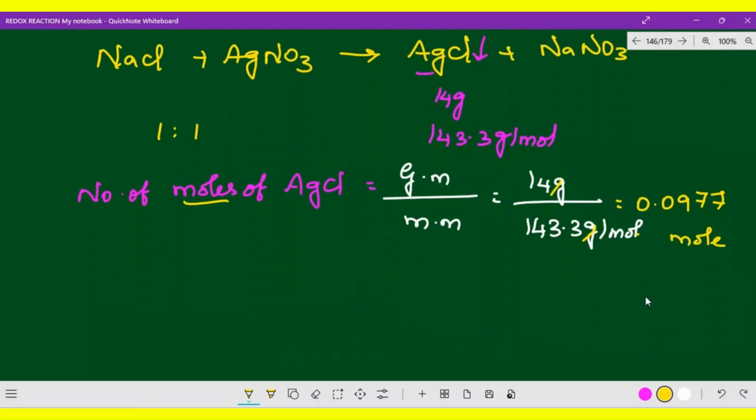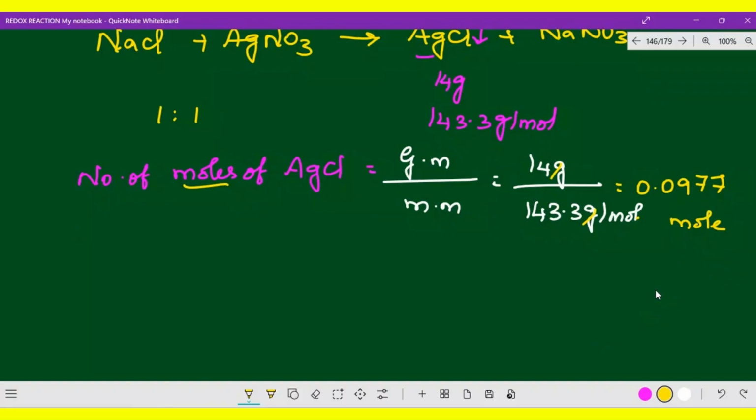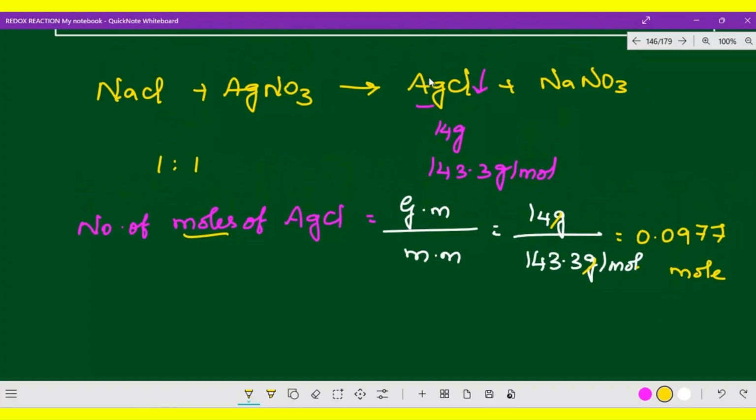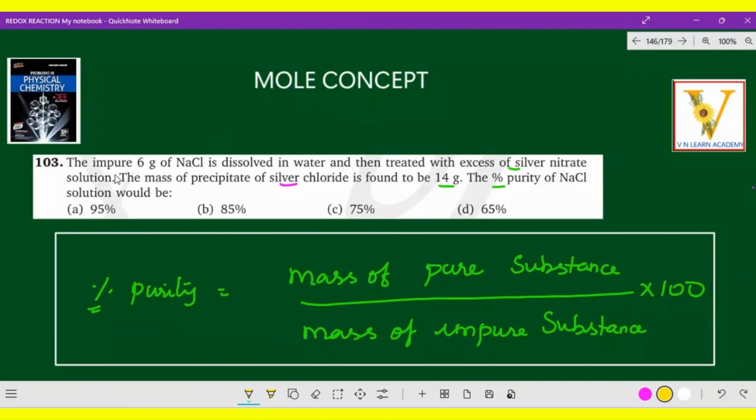Now the next step: moles we have identified, now we have to identify the mass of the substance, the given mass of the substance of NaCl. Why? Because here only NaCl reacted, the impure 6 gram of NaCl reacted with water and then was treated with excess silver nitrate solution.